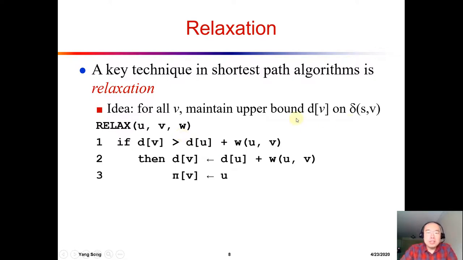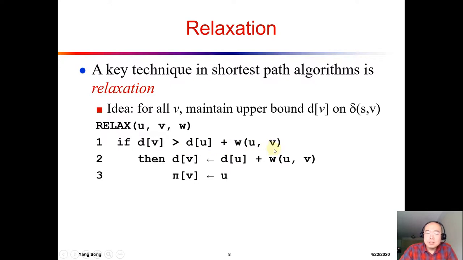We are using d to record the current upper bound of the cost to get to u and v. That is the list of d. You can understand d as the record of the current shortest path from a source to all the nodes.